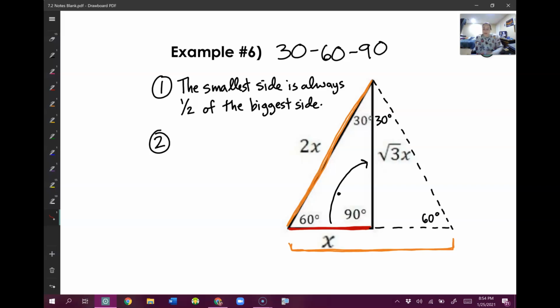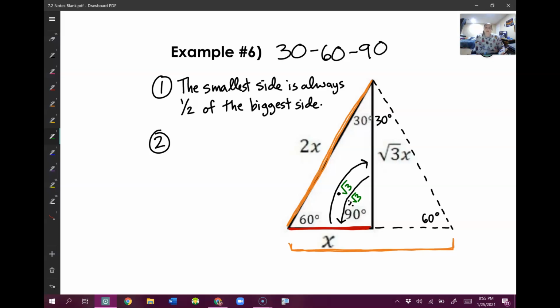But it's always by the same magic number of root 3. So if I'm going from this small side to this medium side, I'm going to multiply by root 3 to make that side bigger, because multiplying makes things bigger. If I want to go from this bigger side to this smaller side, then I would divide by that magic number root 3, because dividing makes things smaller. But either way, it's always that magic number root 3.